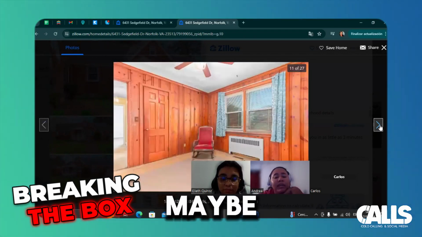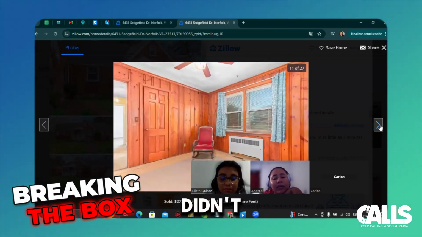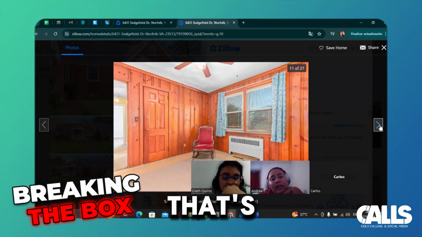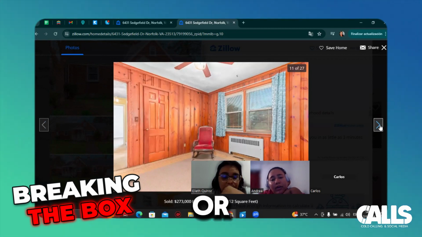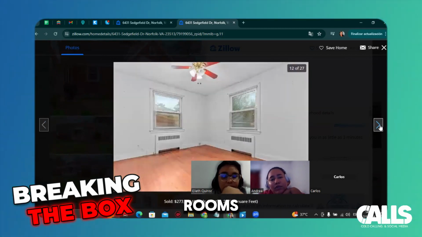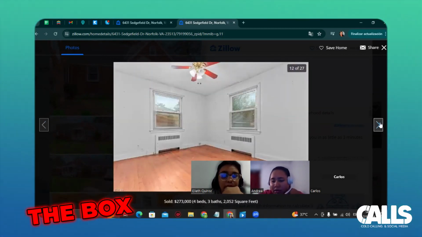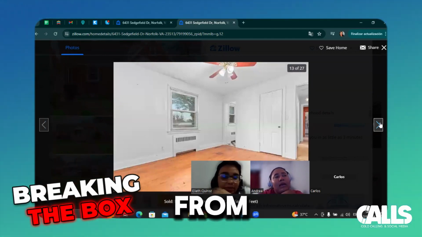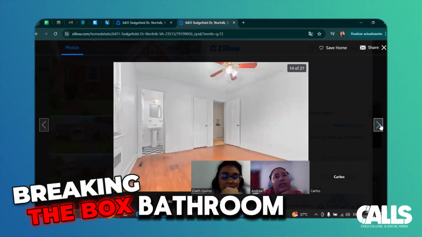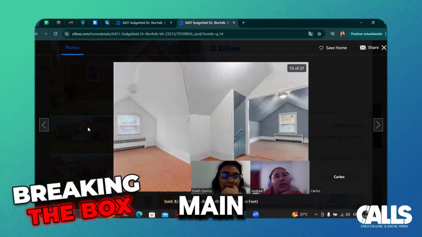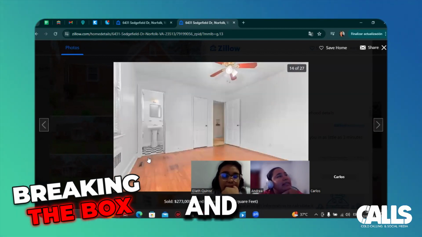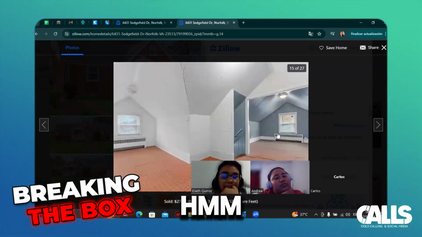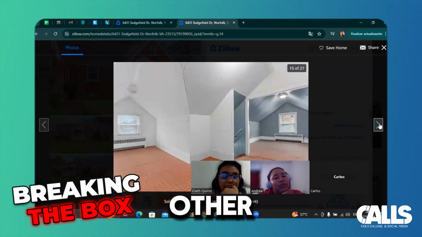Well, maybe the carpet, I didn't replace it, just the flooring itself. What parts of the house have you kept original from when you bought it? The main bathroom, the main room, and I believe some of the other rooms.